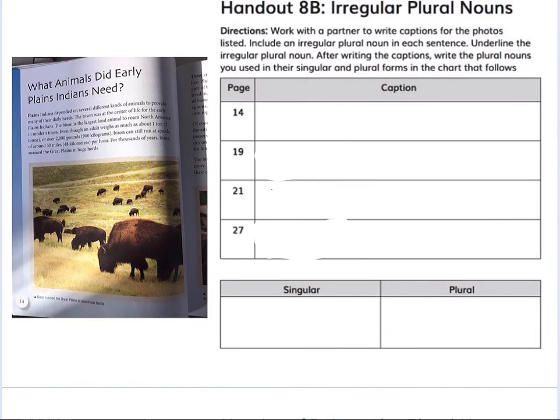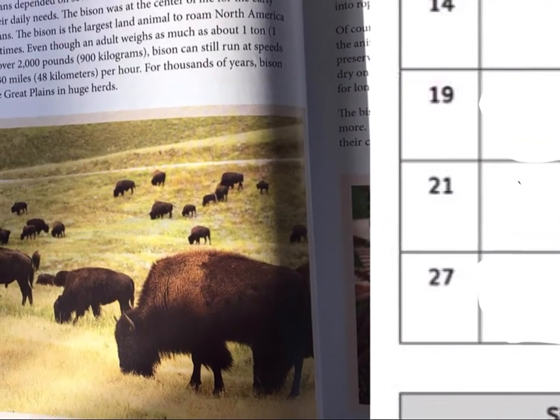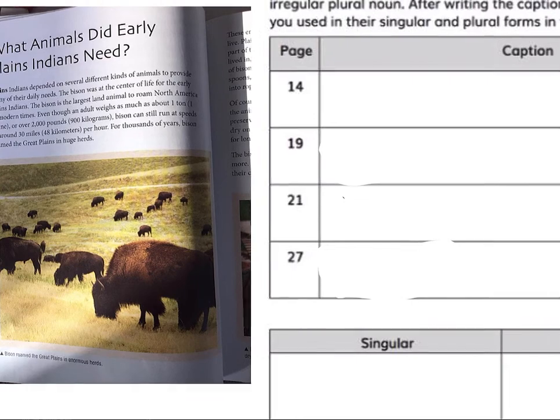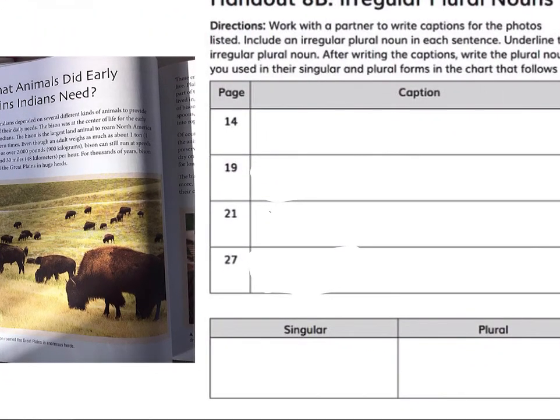Okay, so let's start with page 14. Take a look at the picture. Think about what you see. Remember, a caption describes what is happening in the picture. So looking at this picture, think about what you see and what is going on here. What irregular plural noun might we use in this caption?